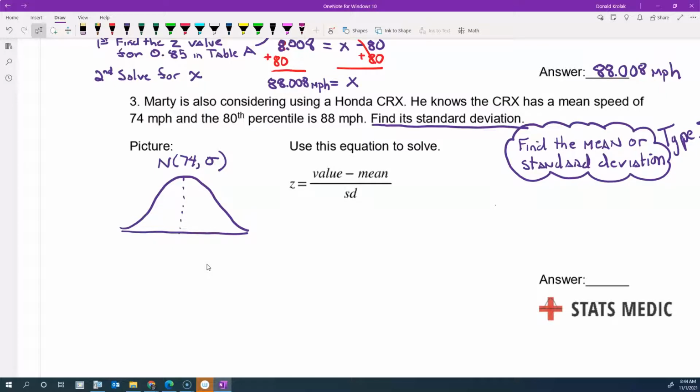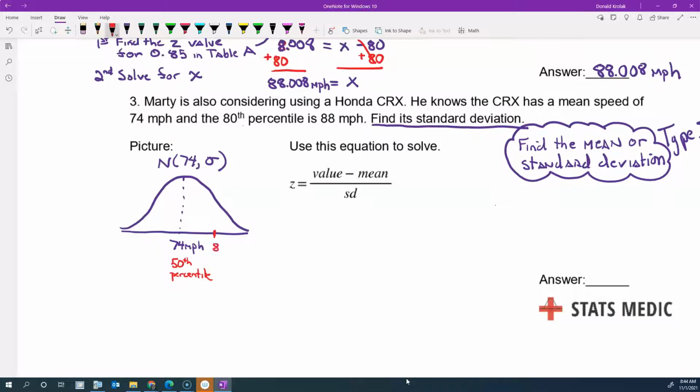Okay, let's see. This is 74 miles per hour. And the 74 miles per hour would be the 50th percentile. So the 80th percentile is going to be somewhere over here.